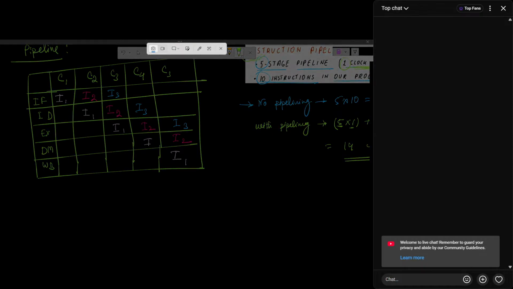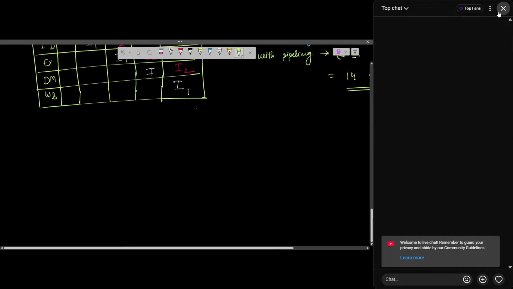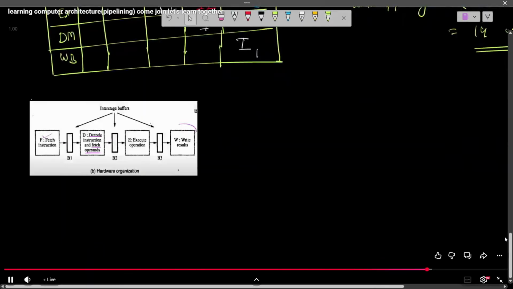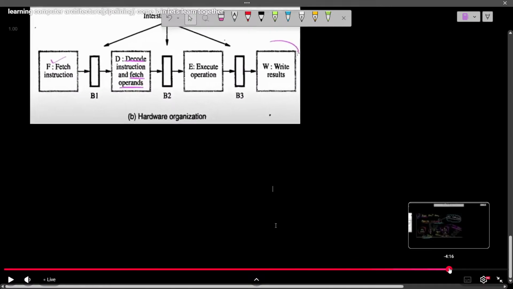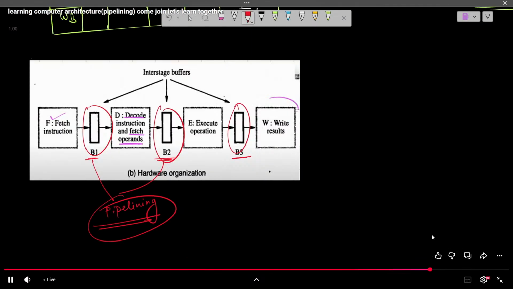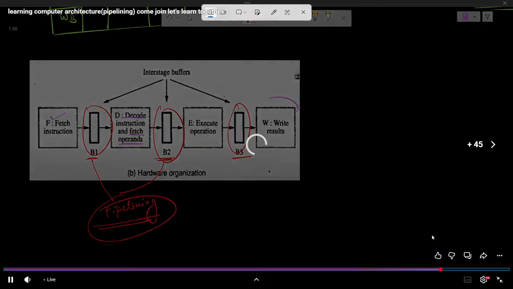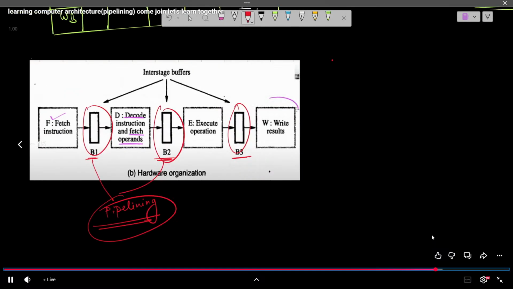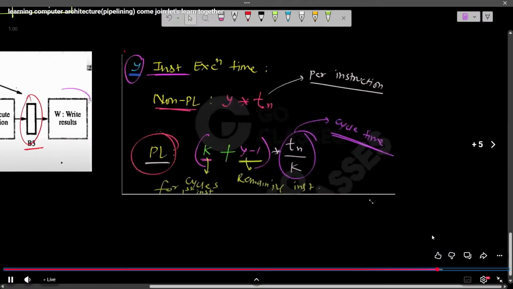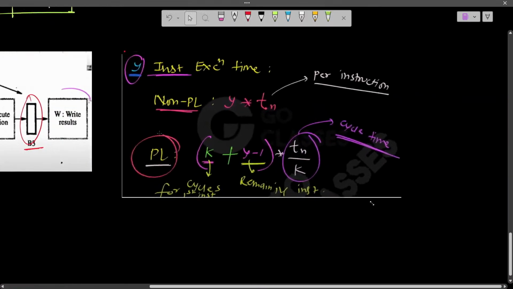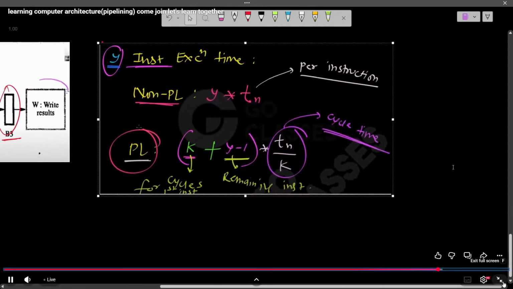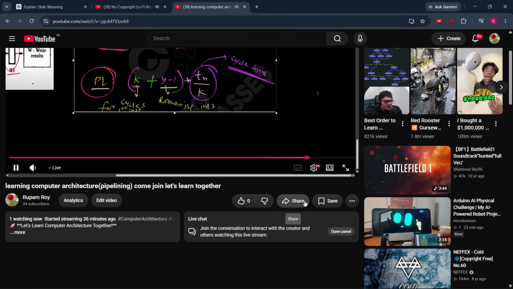There can also be interstage buffers, and for non-pipeline we don't need to think about buffers. For pipelining, it is a generalization of the pipelining formula, which is instruction execution time.